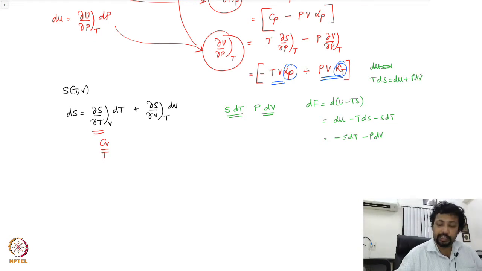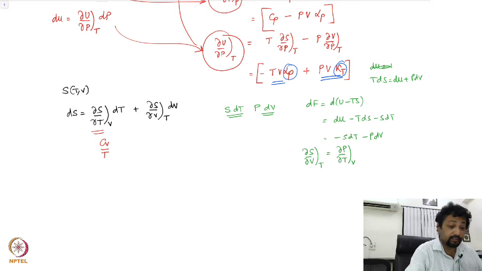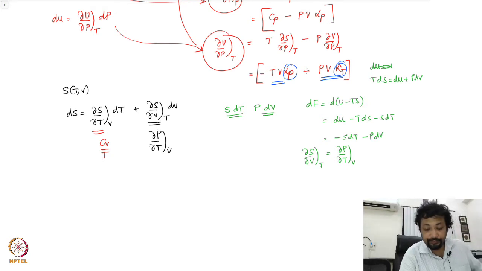Mu dn is 0, therefore we don't worry about it, and therefore it follows that del S del V temperature constant is del P del T volume constant. Very nice. So now I have del P del T volume constant.